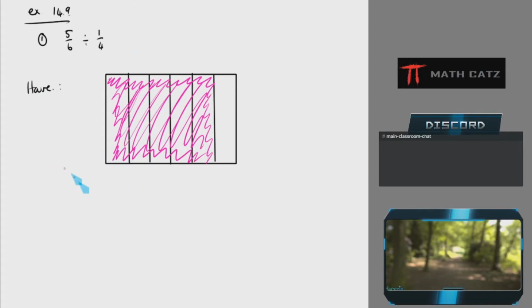So now my group size is 1/4 of a whole rectangle. There's nothing following this 1/4. It's in reference to a whole. So I need to figure out what on earth this is.